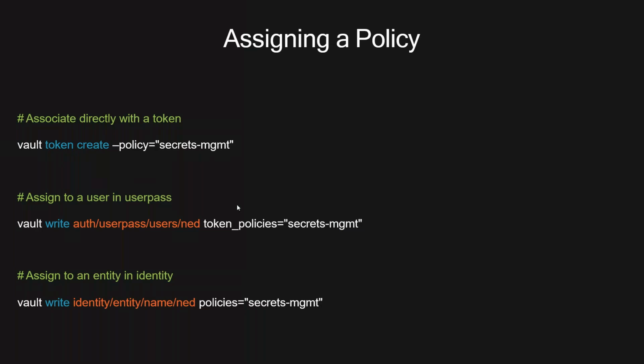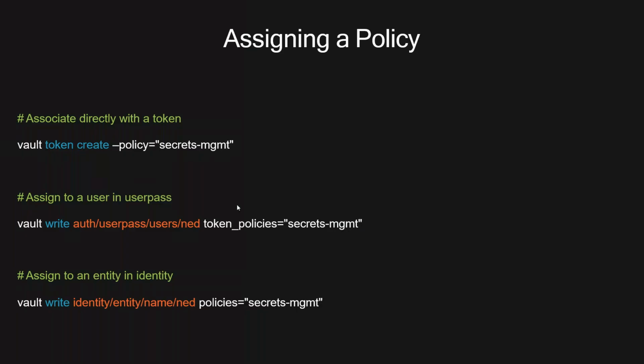Now, how can you attach a policy to any person who has logged in using user ID and password? If you see here, you are associating it with the user. What user did we create last time? Ned, right? So here you are attaching that policy, secret management.